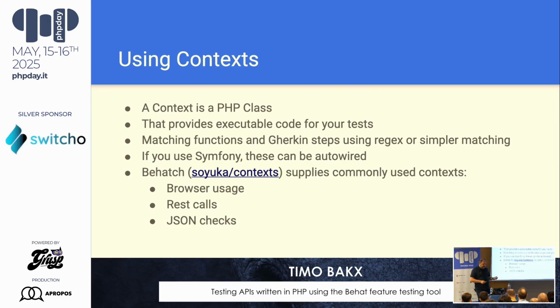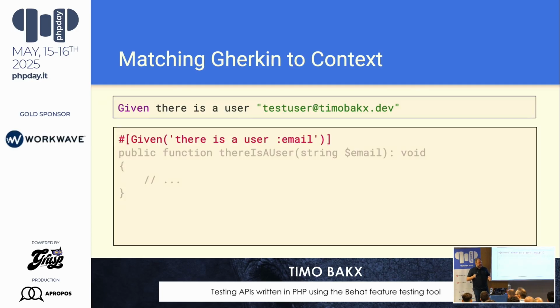We use Behatch, which is an extension, a collection of commonly used contexts, to use a browser to do the REST calls and to have some JSON checks. So we don't even have to write those ourselves. If you want to match one of those lines to your executable code, you do it with an attribute, and you have a sort of placeholder in there.